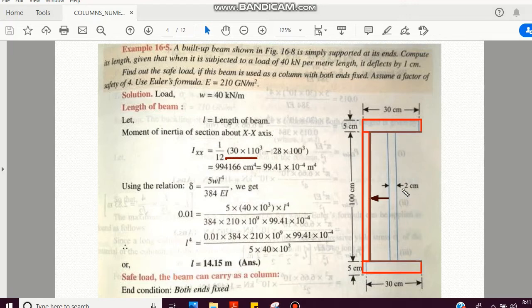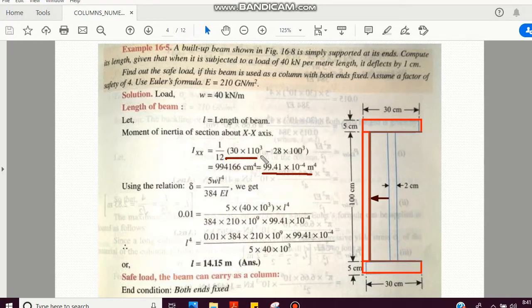So 30 minus 2 is 28, 28 into the height of the web, that is 100 cube. So the moment of inertia becomes 99.41 into 10 to the power minus 4 meter to the power 4.